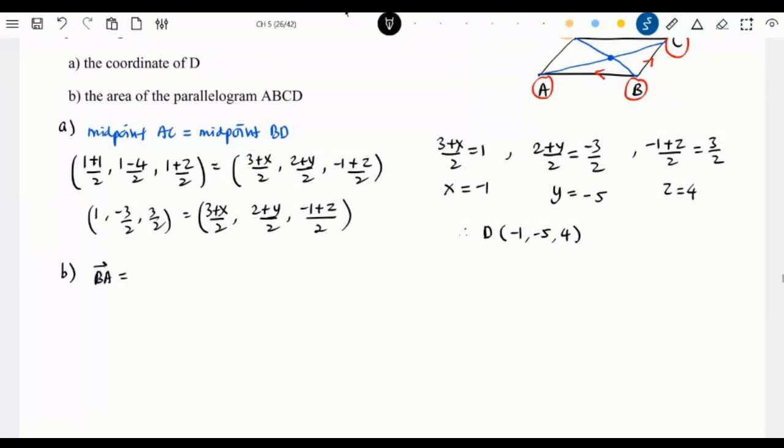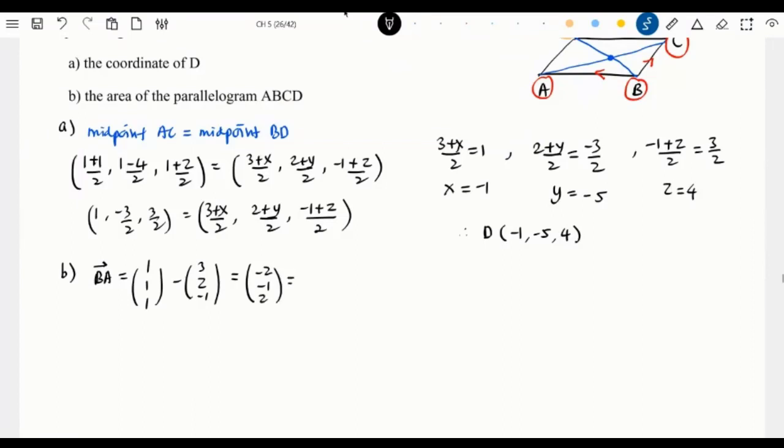Okay. Alright, so find the BA and BC first. So BA, A tolak B. So it will be 1, 1, 1 minus 3, 2, negative 1. Okay, dapat berapa ni? BA kita? Negative 1.